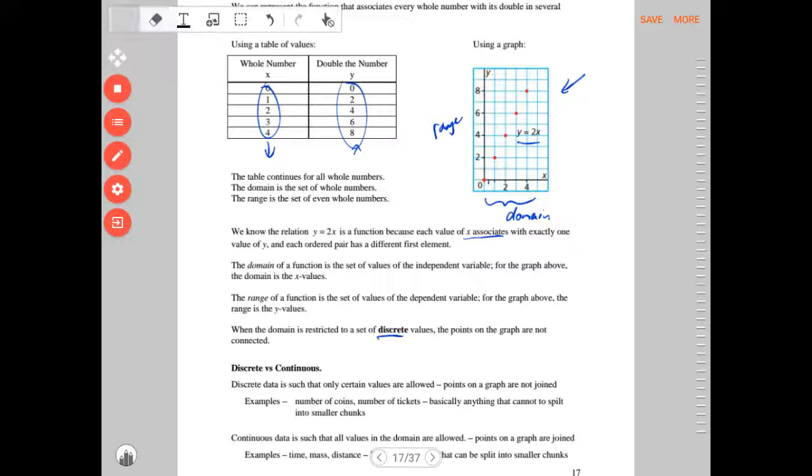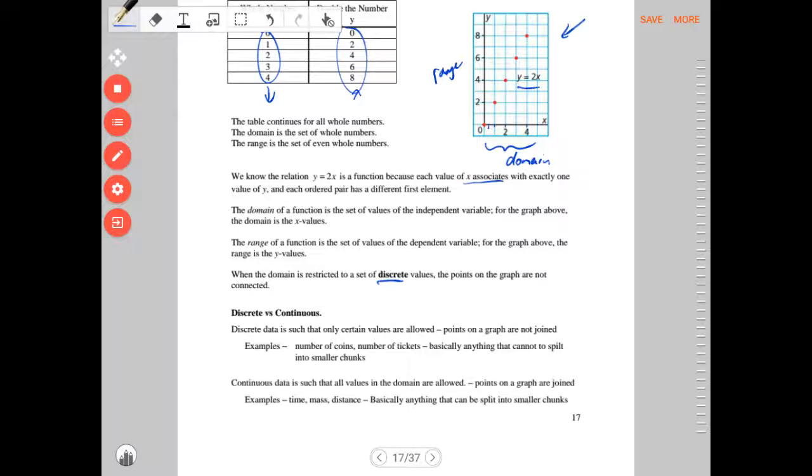Continuous data, on the other hand, is such that all values in the domain are allowed, so the points on the graph are joined. Examples of this are time, mass, and distance, basically anything that can be split into smaller chunks. It makes sense to have 1 second or 1.1 seconds or 1.01 seconds.